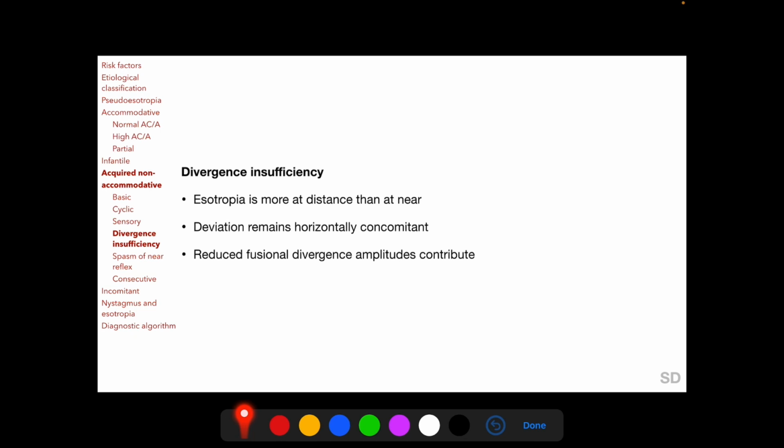That means the magnitude of the esodeviation remains similar in the horizontal positions of gaze for a particular distance of fixation. Divergence insufficiency patients usually have reduced fusional divergence amplitudes, which contributes to the divergence insufficiency for distance fixation.